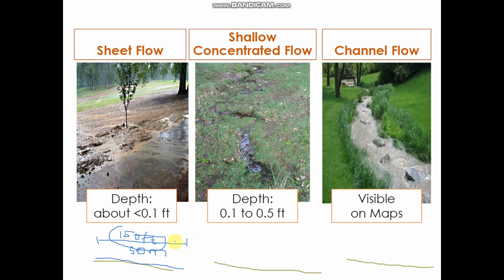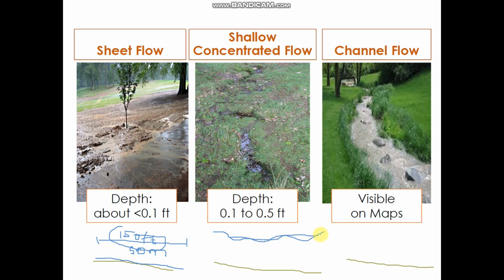The second one is the shallow concentrated flow. In shallow concentrated flow, the water is traveling in a certain path, but it doesn't have a well defined channel or fixed boundary. If I draw here, suppose this is the ground, and this is the depth of the water.